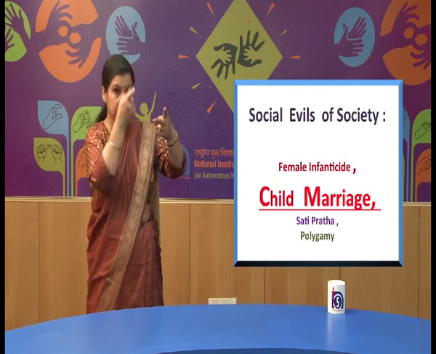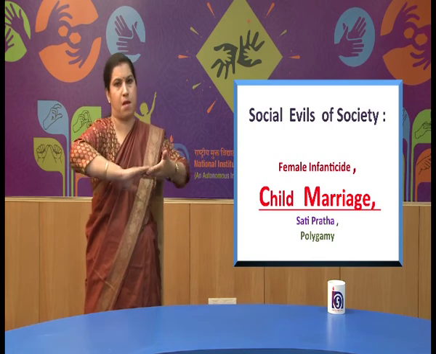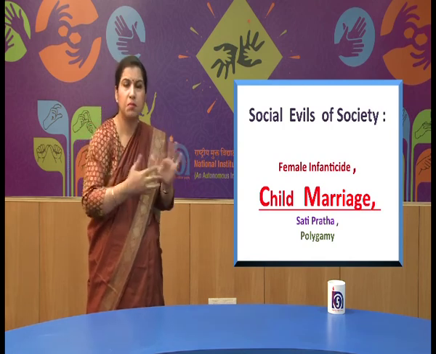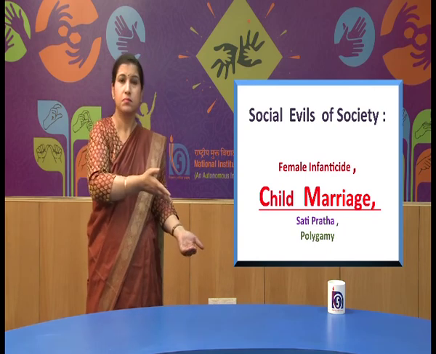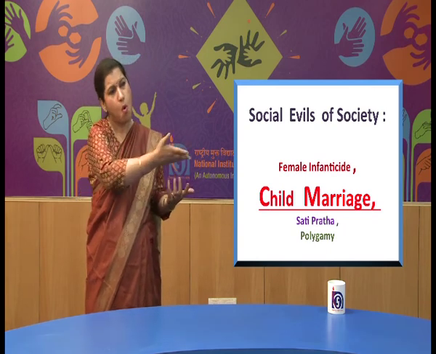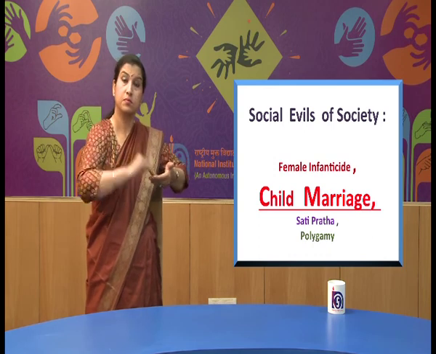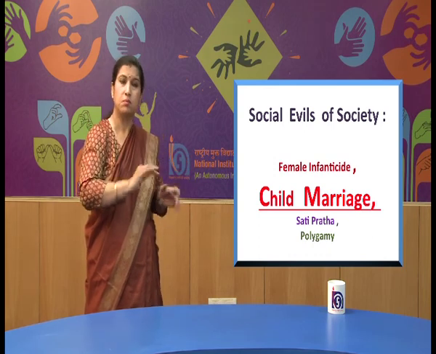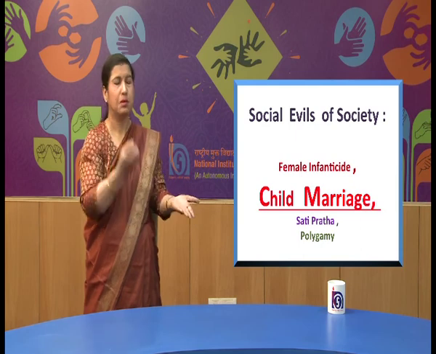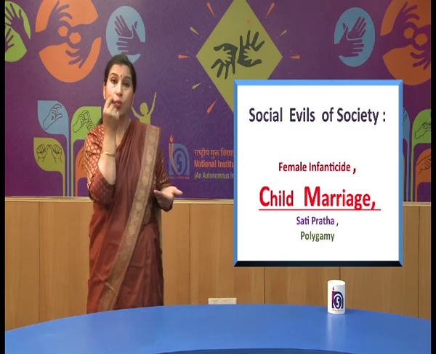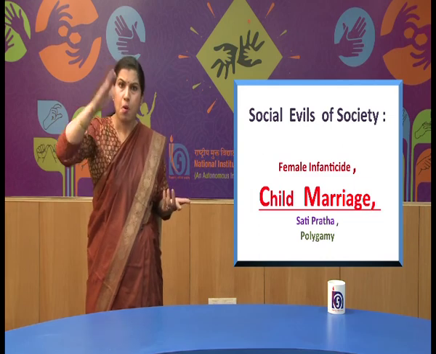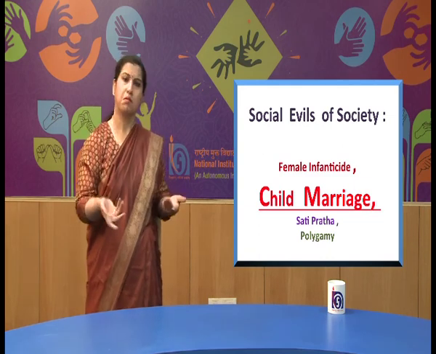Child marriage. This means marriage of girls at a very young age, and this was very common. And the most strange thing is, in many cases, young girls were married to older men.